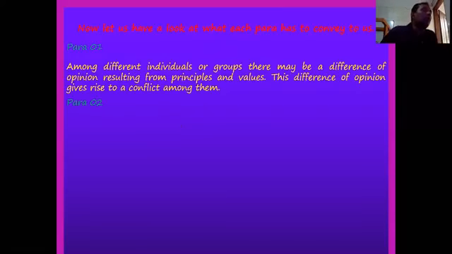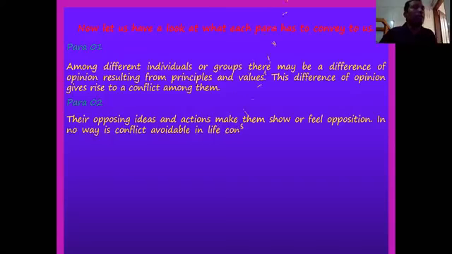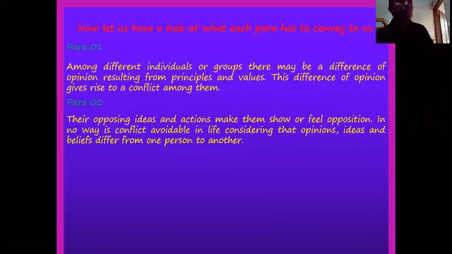We can learn from para 2 that their opposing ideas and actions make them show or feel opposition. In no way is conflict avoidable in life, considering that opinions, ideas, and beliefs differ from one person to another. This we can learn from our para 2.